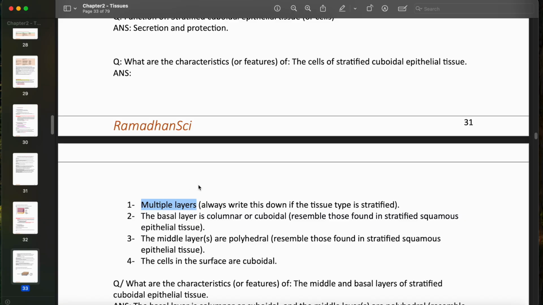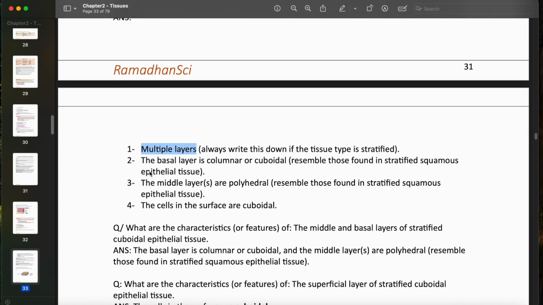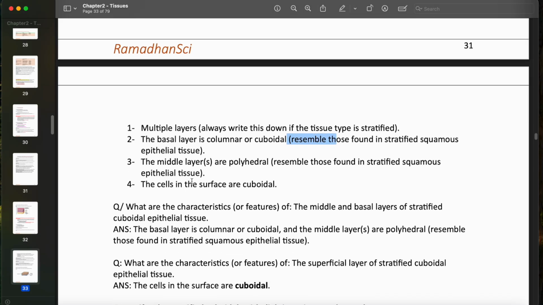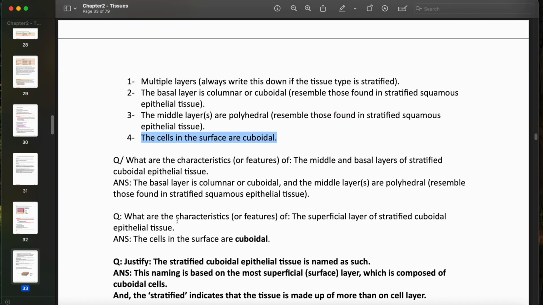When I say multiple layers, this always applies to any stratified tissue. The base layer is columnar or cuboidal, which resembles the cells found in the stratified squamous epithelial tissue. The middle layers are polyhedral, again resembling those found in stratified squamous. And the cells on the surface are cuboidal.